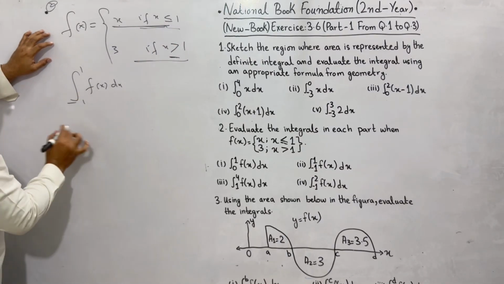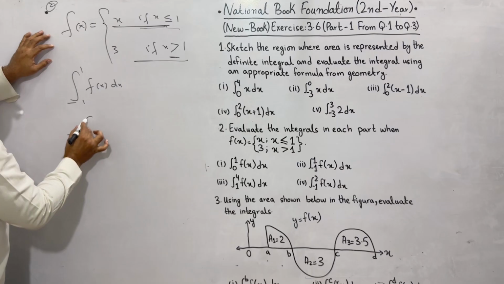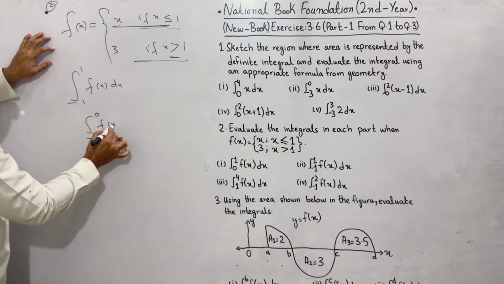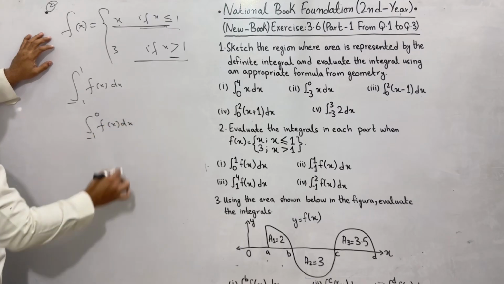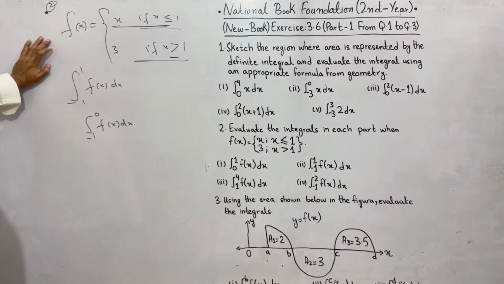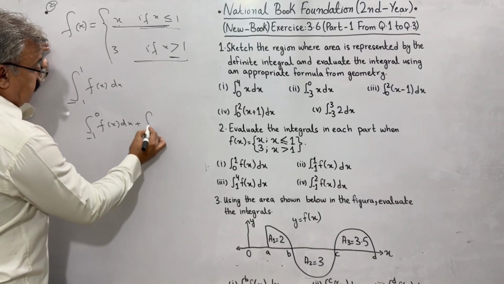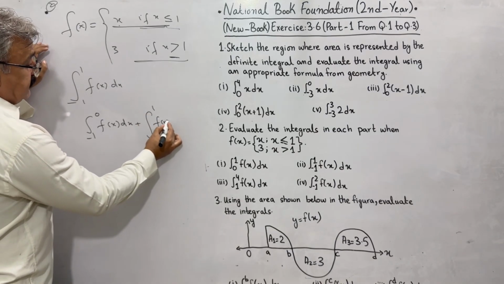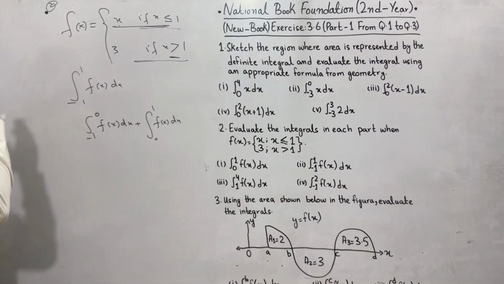So we can write this definite integral as the integral from minus 1 to 0 of f of x dx, then from 0 to 1 of f of x dx.